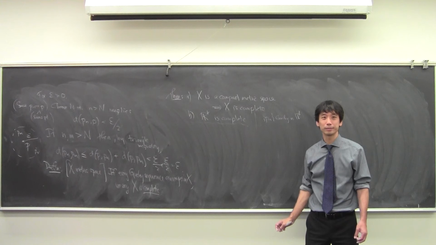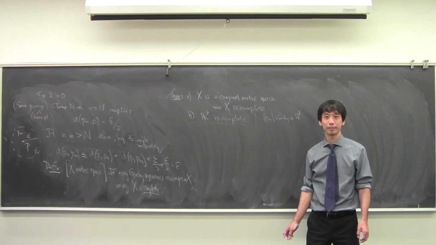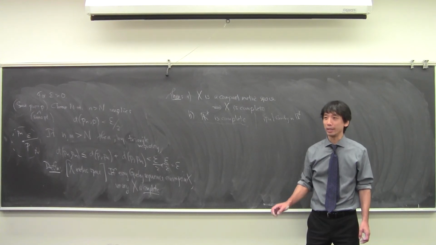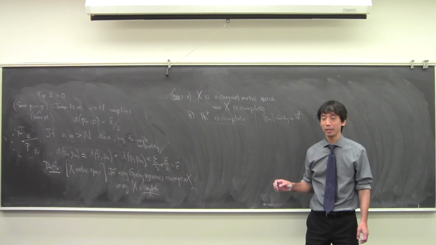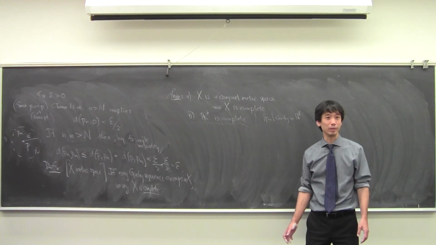Okay, let's see. It's going to be kind of similar to something we did earlier. Earlier we had this theorem. We said that if you have a bounded sequence in Euclidean space, then it's going to have a convergent subsequence, right?